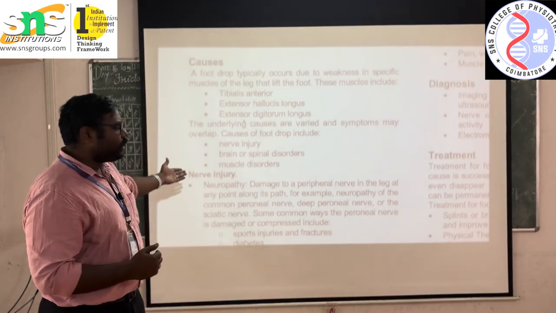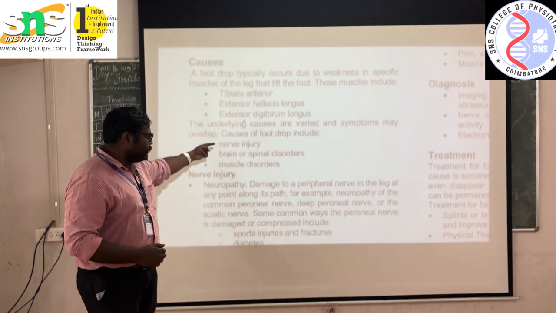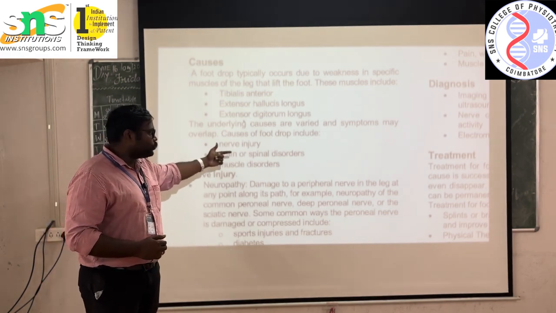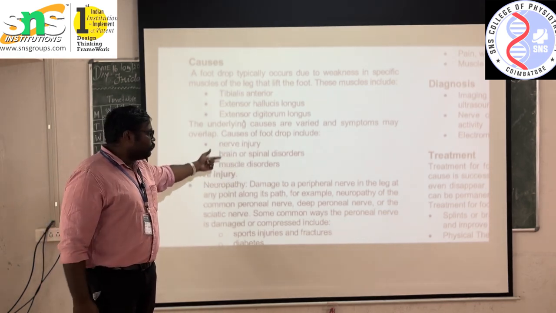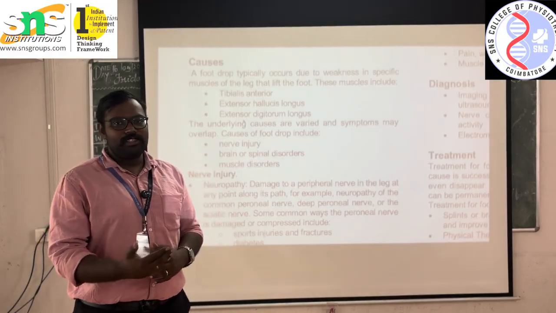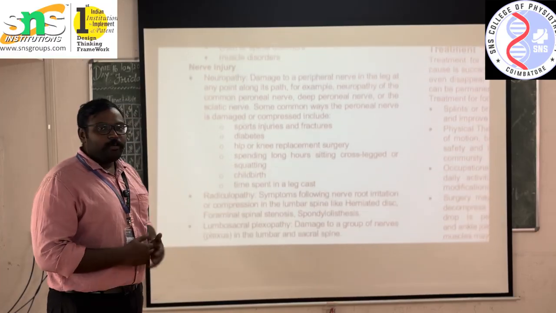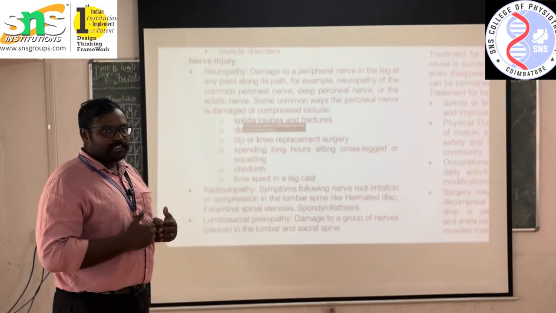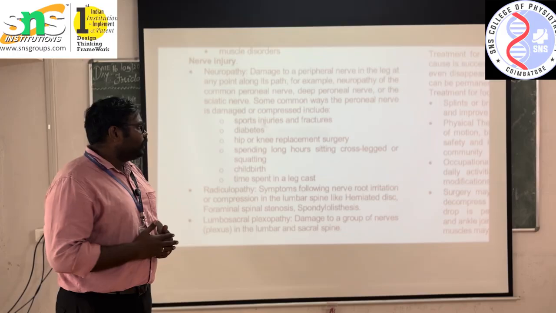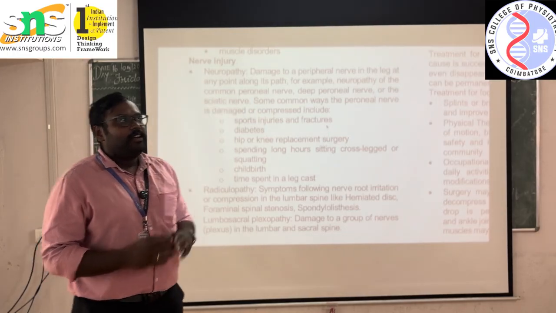Now we can see what type of nerve injury it is. Before that, look, nerve injury, brain or spinal cord disorders, and muscle disorders are the other conditions which may cause foot drop. Going for nerve injury: neuropathy. Neuropathy is a term used nowadays. It is due to damage of the peripheral nerve.